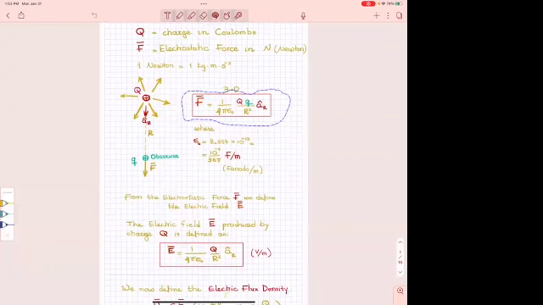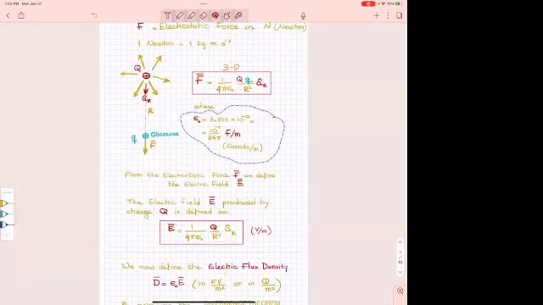Now, assuming that we are in free space, also to remind you, we have epsilon naught, which is in farads per meter. From Coulomb's law last time, we then introduced the concept of the field, all right?